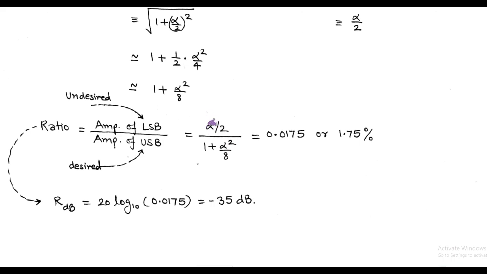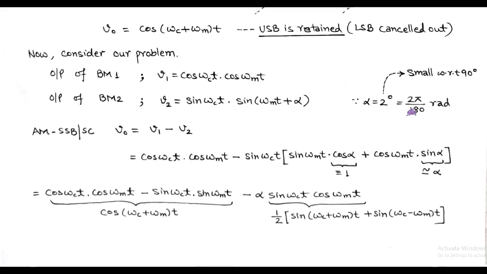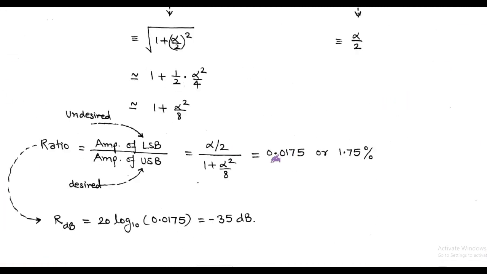Now in place of alpha we can write 2 pi upon 180 radian, and calculating we get 0.0175 or 1.75%. Also in terms of decibel we can determine the ratio, and it equals 20 log to base 10 into 0.0175, and after calculating we get minus 35 decibel.